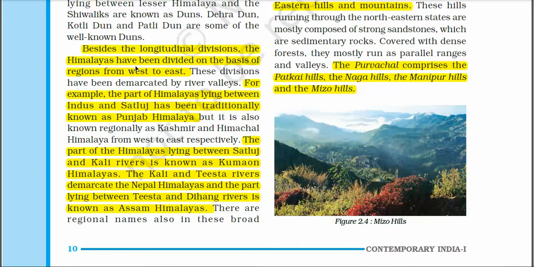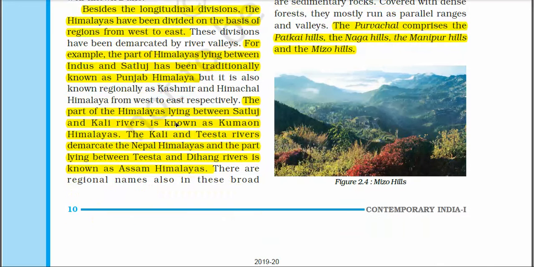Besides the longitudinal divisions, the Himalayas have been divided on the basis of regions from west to east. For example, the part of Himalayas lying between Indus and Satluj has been traditionally known as Punjab Himalayas.